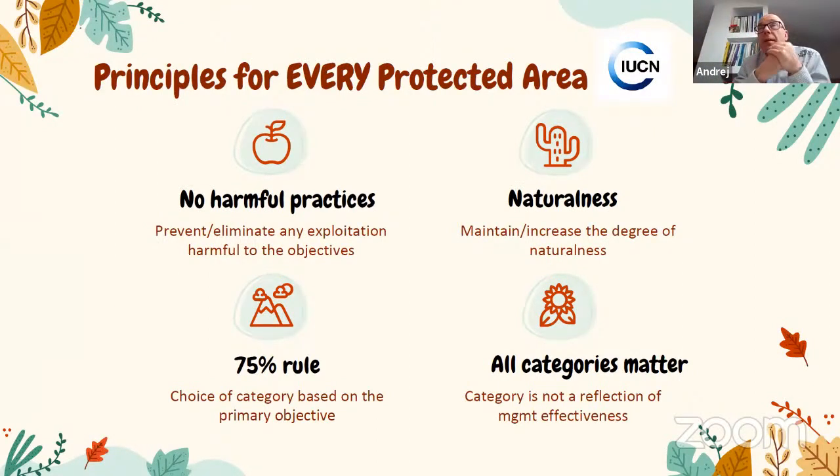I think that they are the most important ones, and I'd like to share them with you. So IUCN says that every exploitation or use of natural resources that is proved to be harmful to the objective of a protected area should be prevented or eliminated.